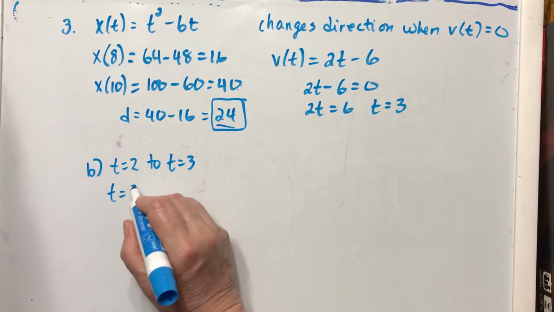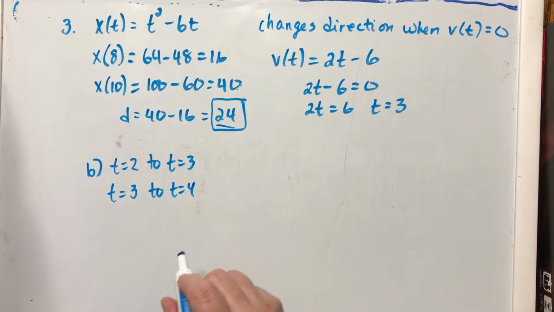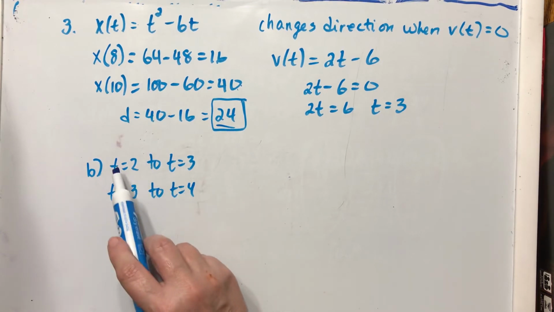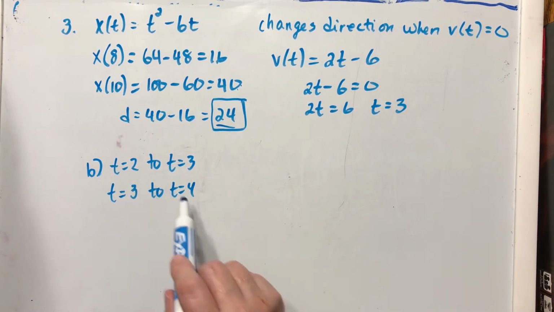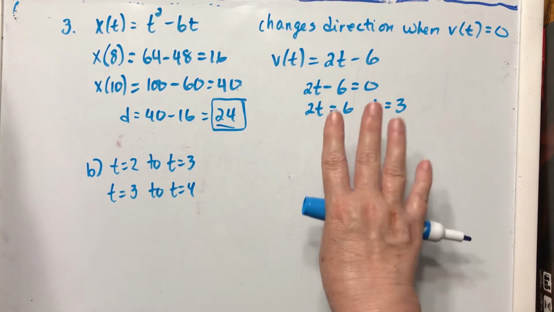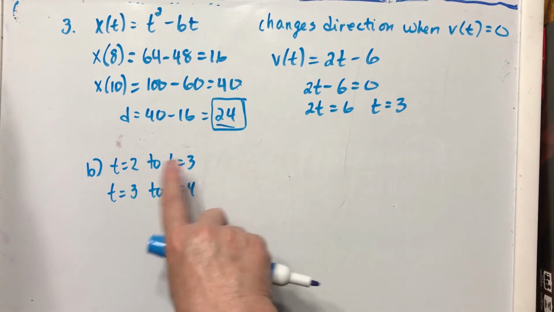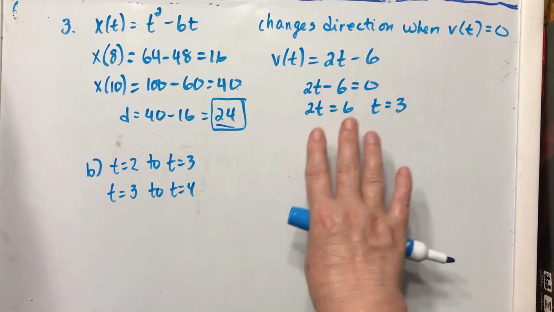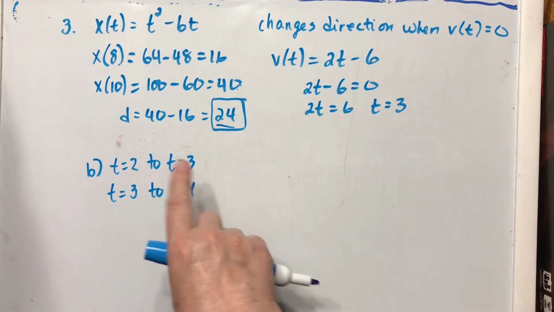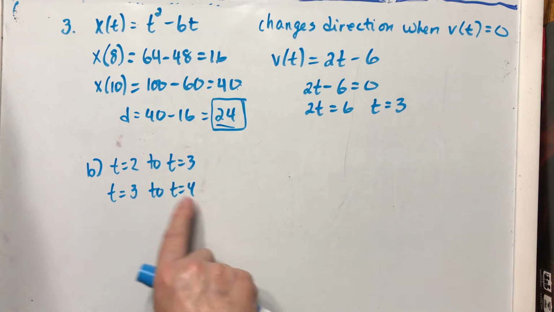Then figure out how far it goes from t equals 3 to t equals 4, because the example says how far does it go from 2 to 4 seconds. So whatever your interval is, if there is a number within that interval where your particle changes direction, where the velocity equals 0, then you have to split that interval up at that point. So in this case, that was 3. So we split our interval, which went from 2 to 4, and did 2 to 3, and then 3 to 4.